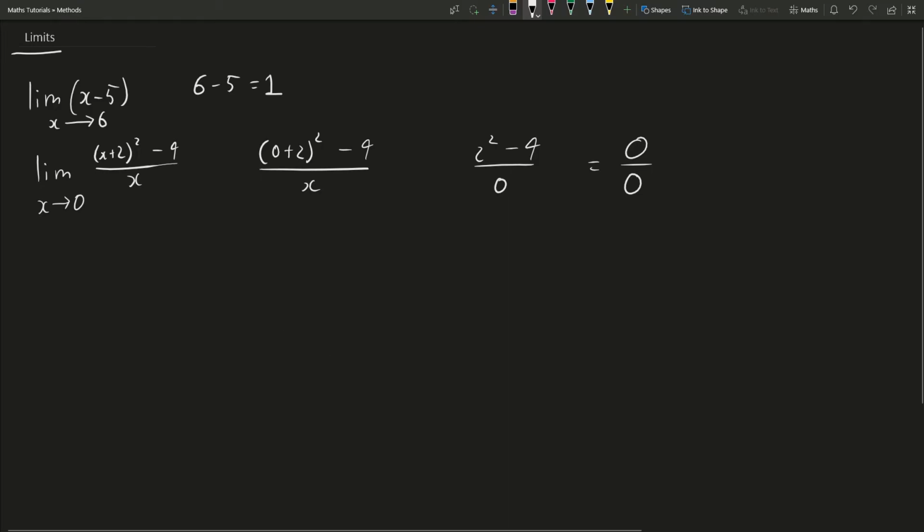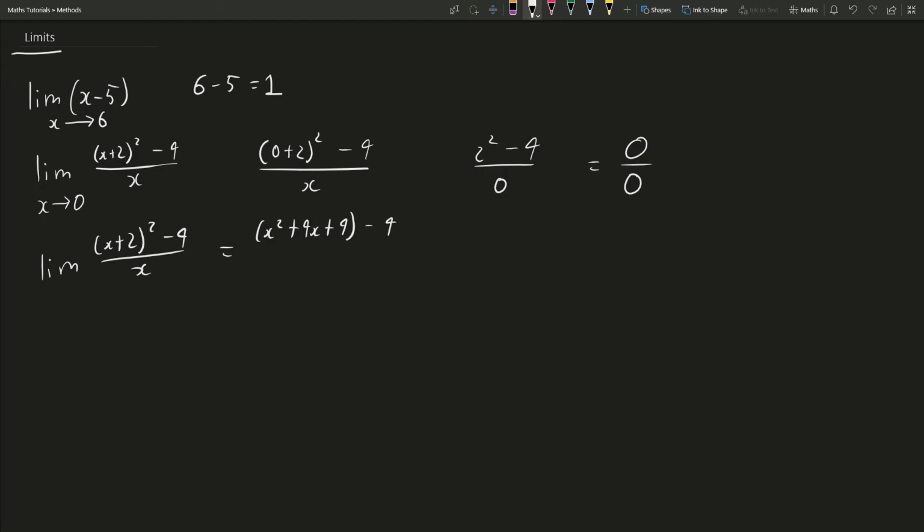So let's retry this one now and expand before subbing in 0 as x. So we get the limit of (x plus 2) squared minus 4 on x, which is equal to x squared plus 4x plus 4 minus 4 on x.